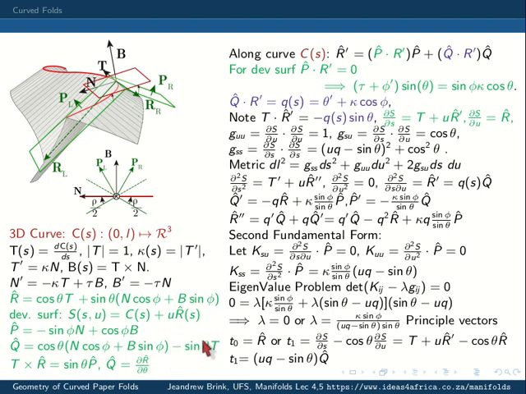And you also have the geometric interpretation that R prime is only changing in your Q direction if it's a developable surface. So a developable surface implies that R prime is just proportional to Q, which is your other principal curvature direction. And so I think I'm going to stop there.